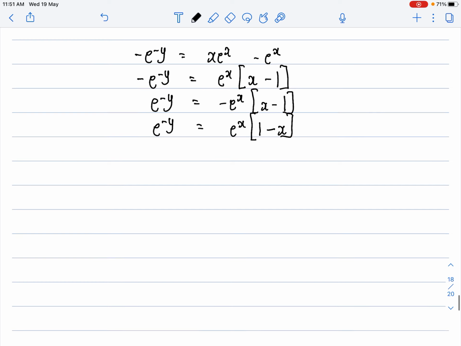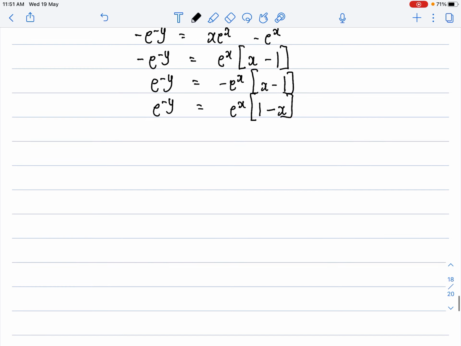Got it? This is what I can write. So now what I can simply do is take ln of both sides. ln e raised to minus y equals ln of e raised to x into 1 minus x.